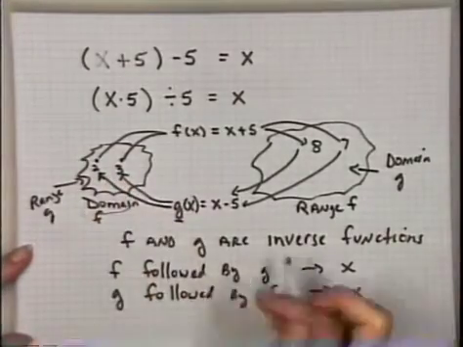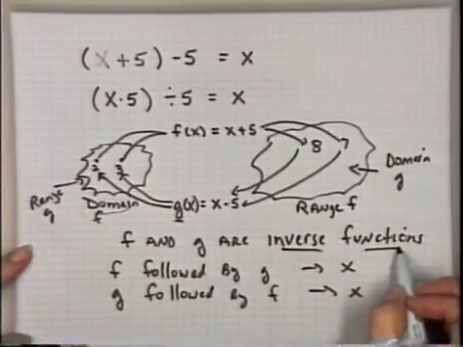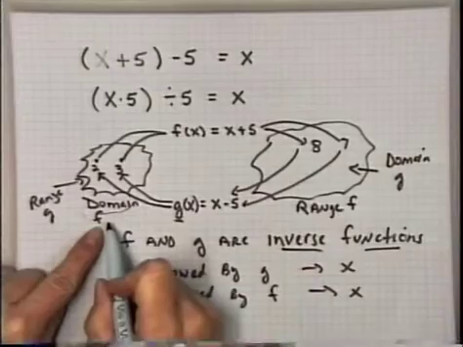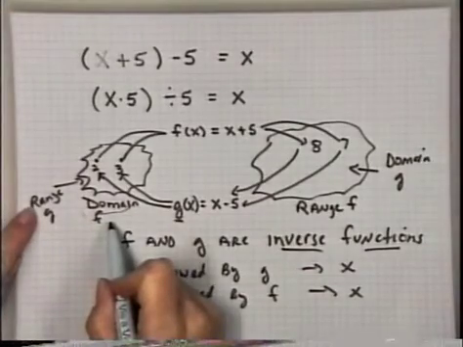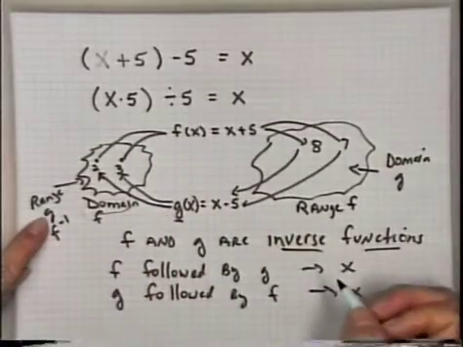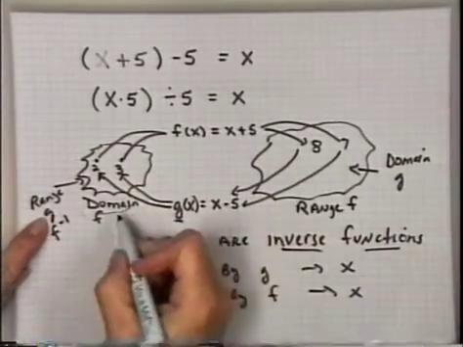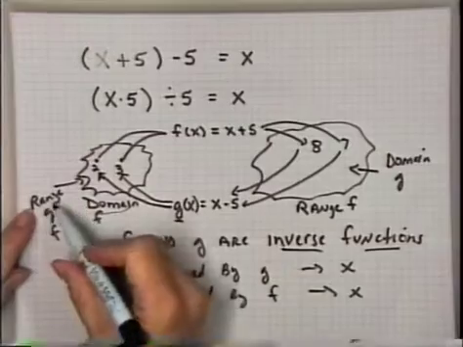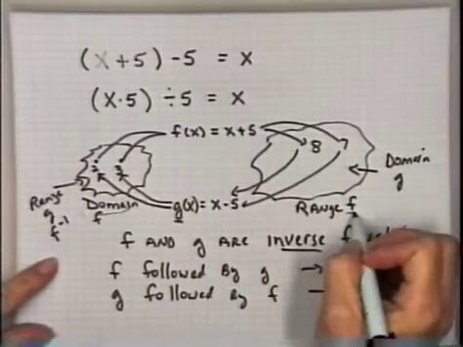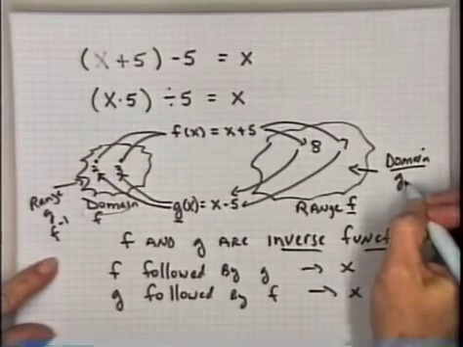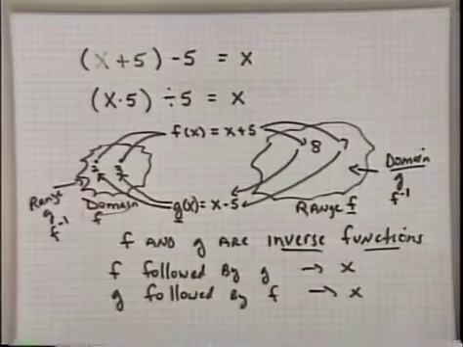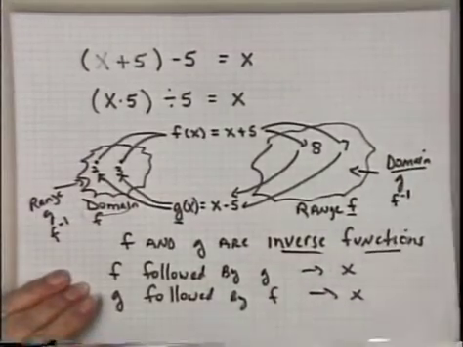So what we're seeing here is that when we have inverse functions, the domain of our function f is going to equal the range of our inverse function. I've used g here, but I could also use f inverse. So the domain of our original function is the range of our inverse function. And the range of our original function f is equal to the domain of our inverse function, whether I want to call that function either g or f inverse.